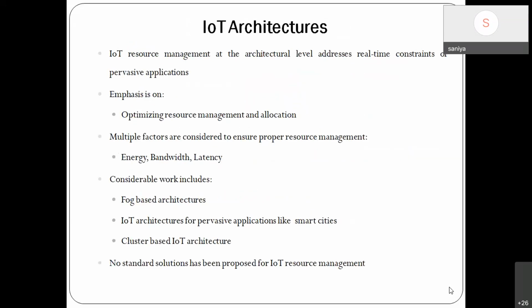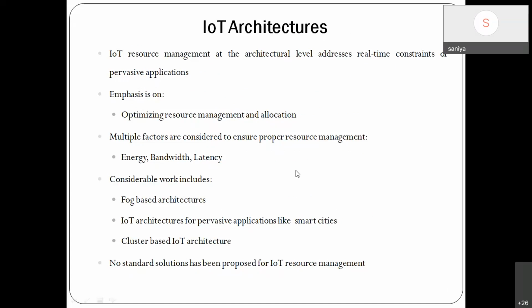The other section we can talk about is IoT architecture. IoT resource management or optimization has been done at the architectural level also, and it tries to address the real-time constraints of pervasive applications. By pervasive, I mean IoT applications. The emphasis is on optimizing resource management and allocation.